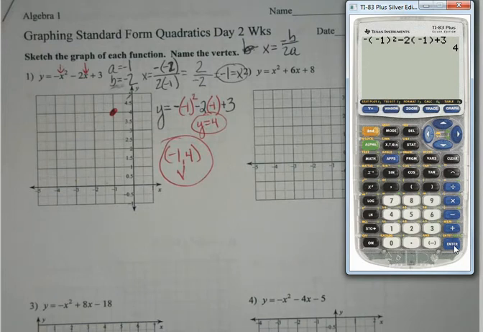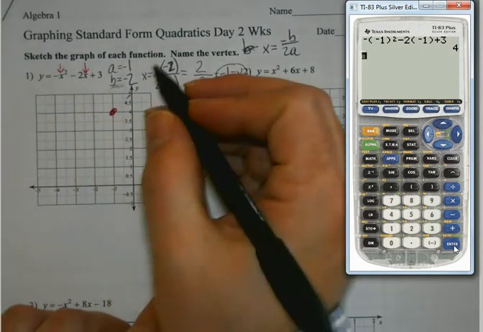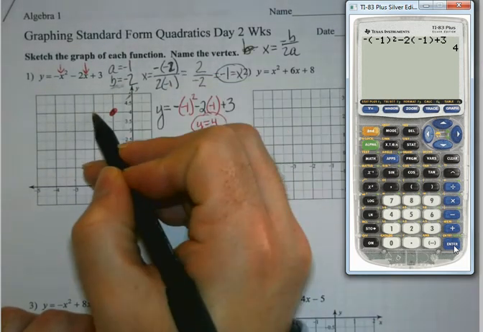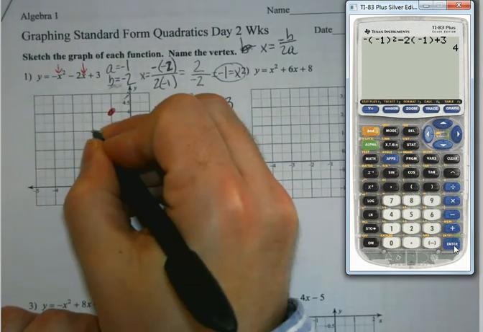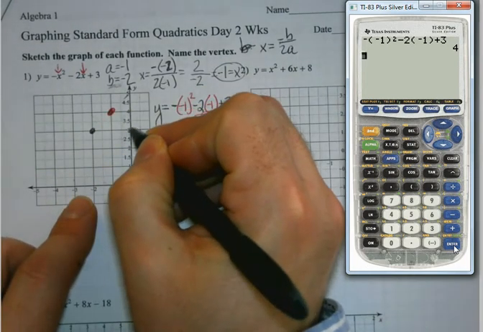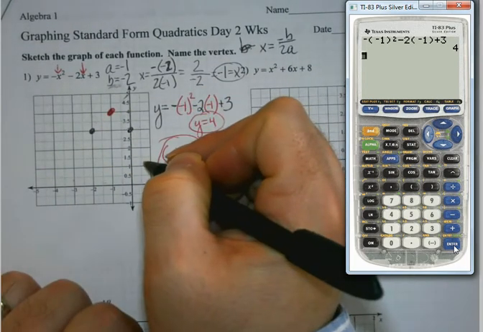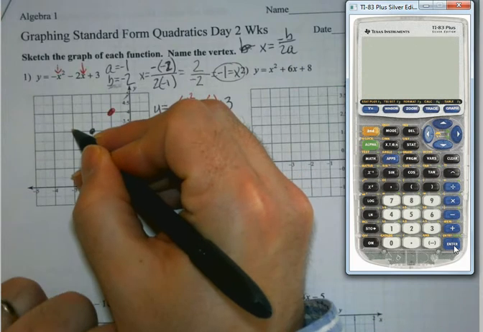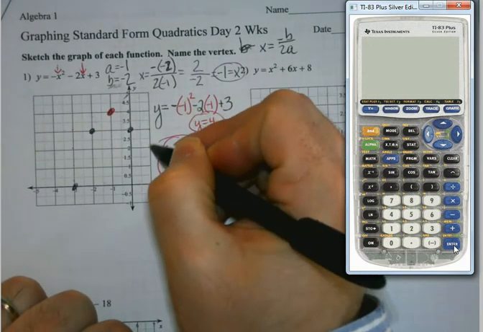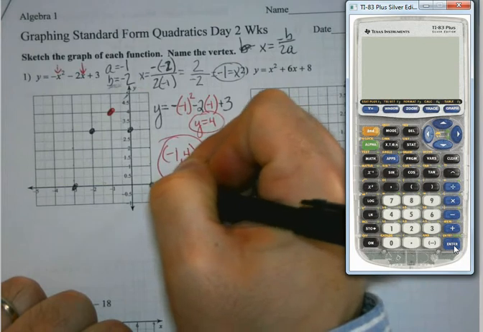I can use the calculator, but I can just do the pattern. The pattern is go over 1, in this case, down 1 because it's negative. Over 1, down 1. Over 1, down 3. Over 1, down 3.